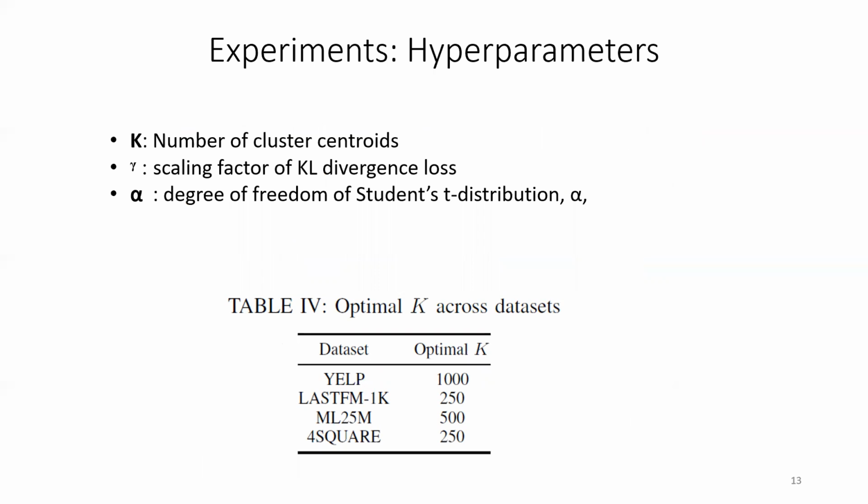And then we have gamma, or the scaling factor for the KL divergence loss for the multitask training loss. And then alpha, which is the degree of freedom of the student's t-distribution. Table 4 just shows the optimal cluster centroids across data sets. And for simplicity, we just chose values in multiples of 250.